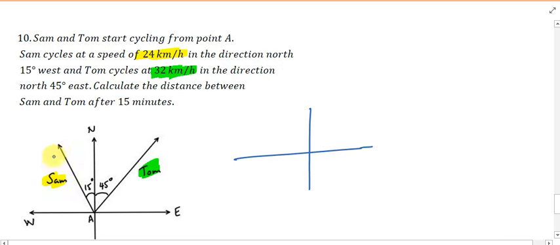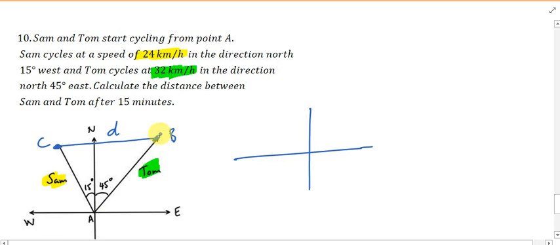You can see when you calculate the distance between them, it will be from here to there, right? So we can just call that d, and let's call the points A, B, C, right?